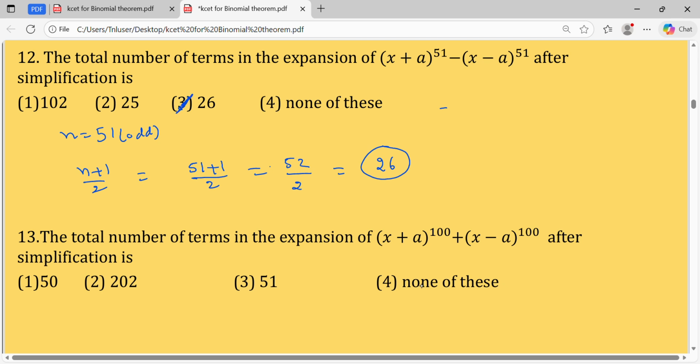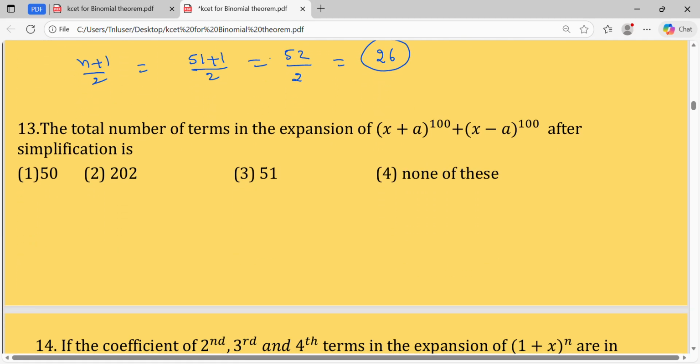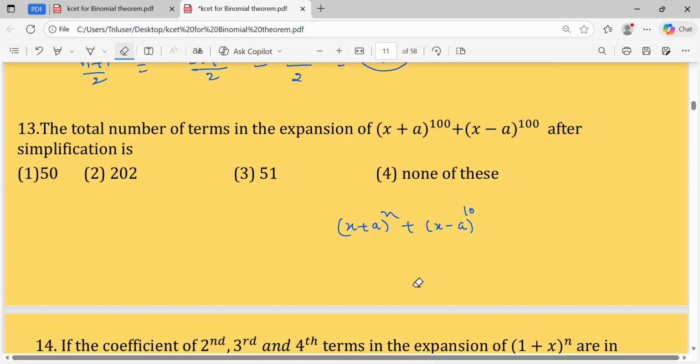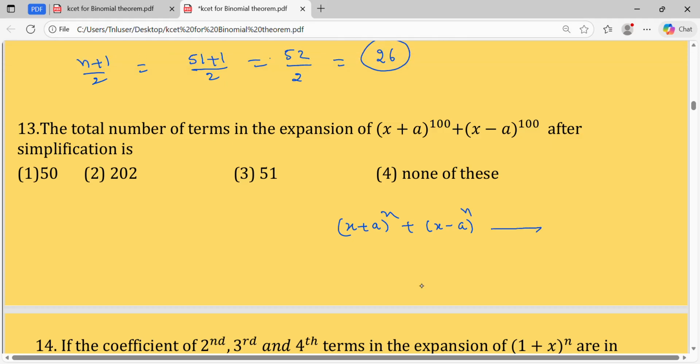Option 3. Same way, next one, the number of terms in this expansion. See this, x plus a whole power n plus x minus a whole power n. If n is even, then use this formula n by 2 plus 1.